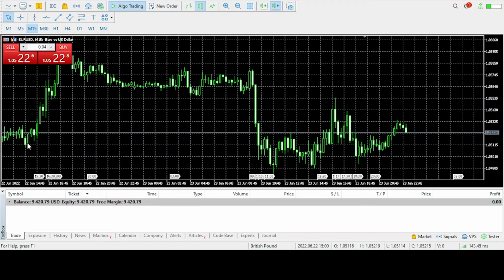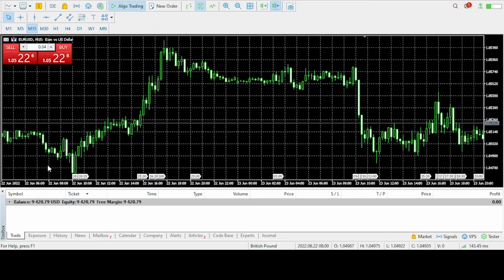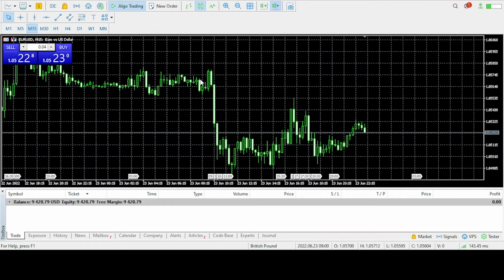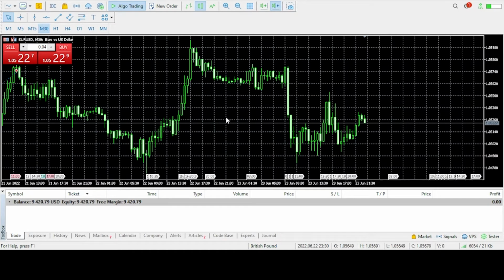Here again, in the past, the price came downwards, it declined, went up, then down again, and then up, and now it's going down. Similarly, on the 30-minute chart, it's the same thing.